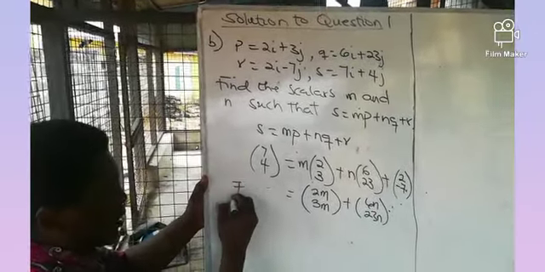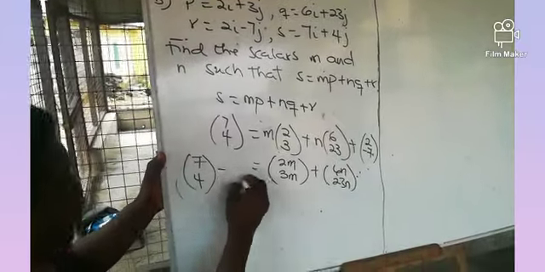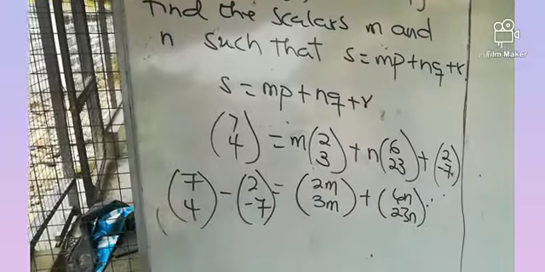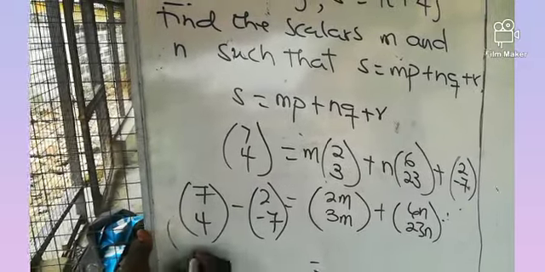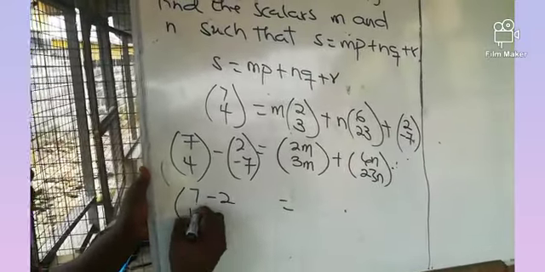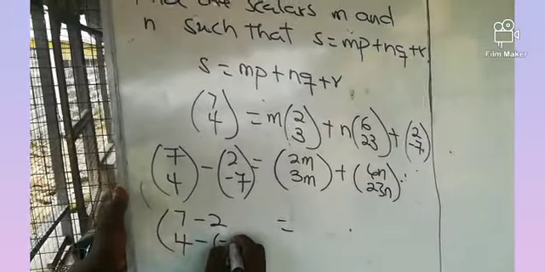We can bring the R to the other side. So already we have 7, 4 over here. So minus the R, which is 2, minus 7. What are you going to get? This one is going to be 7 minus 2. This one is going to be 4 minus 7.